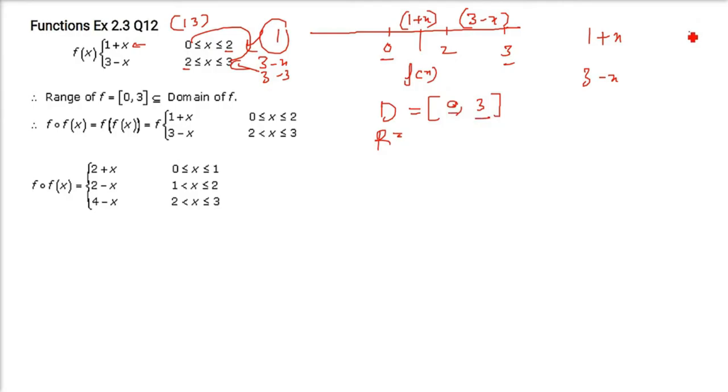So we have to put 0 inside 1 plus x, so it will be 0 plus 1, that is 1, and you have to put 3 inside 3 minus x when it comes to 2 to 3. So 3 minus 3 is 0, 1 and 0. This range is 0 to 1, range is also known now.